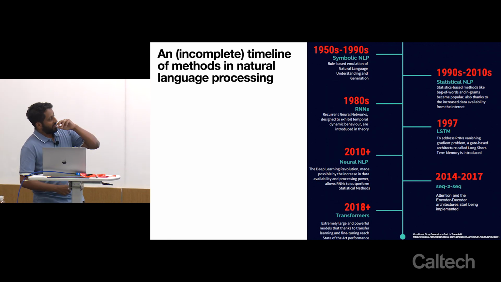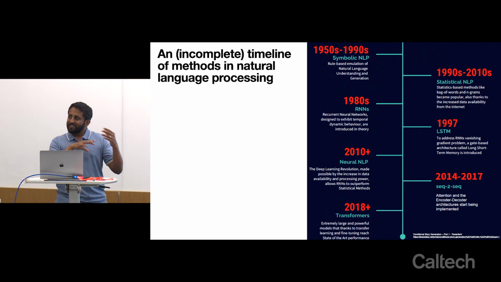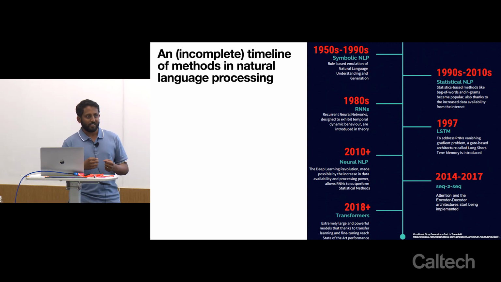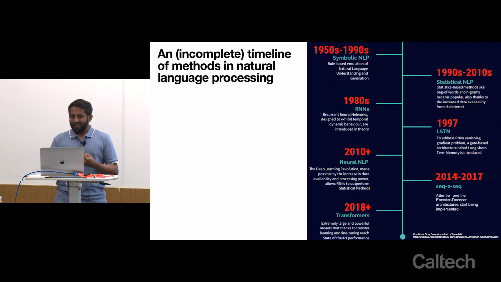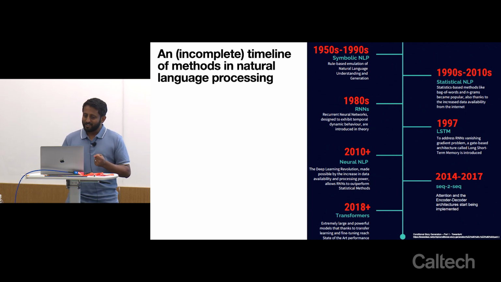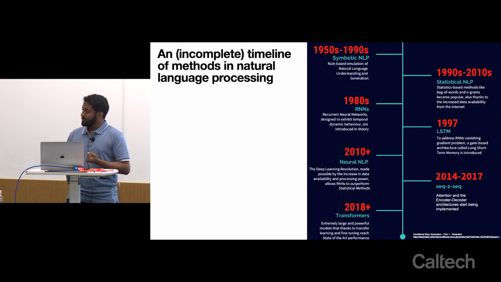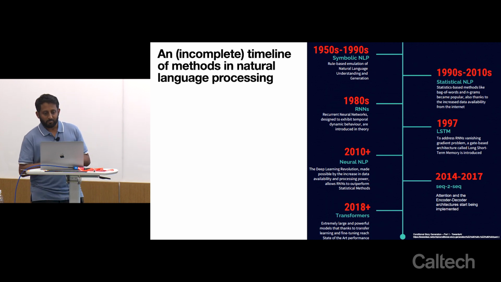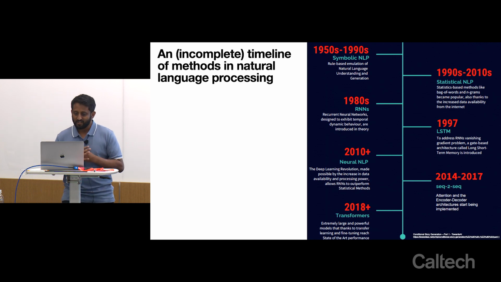Traditional models in natural language processing were handcrafted rules, where people would make guesses about the structure of language and write rules. In the 90s, data-driven approaches started to become popular and widespread, such as bag of words models.